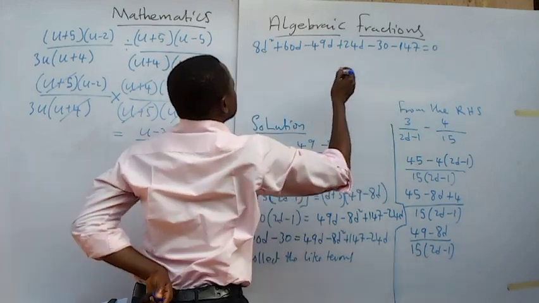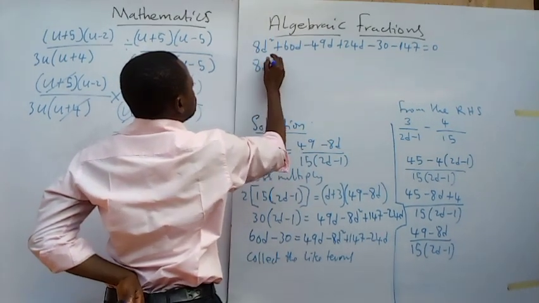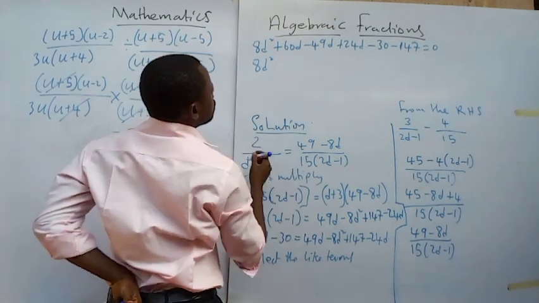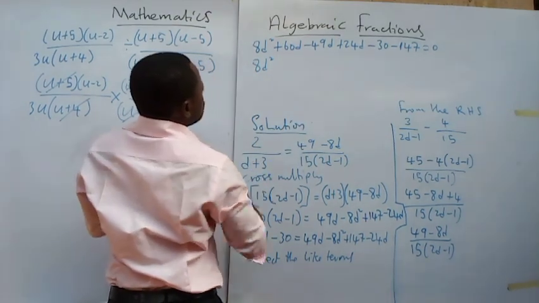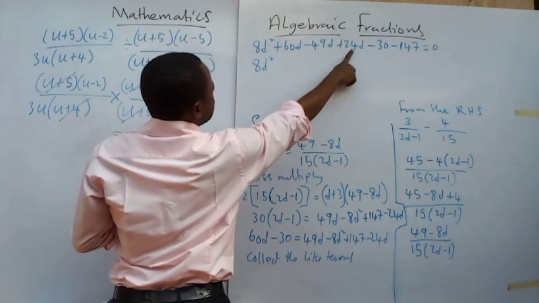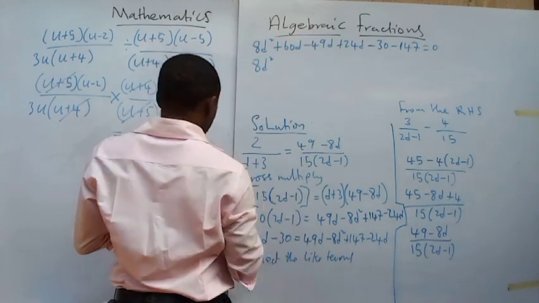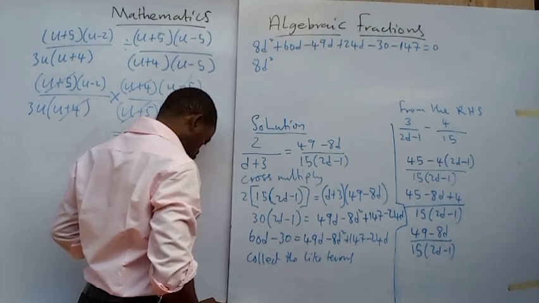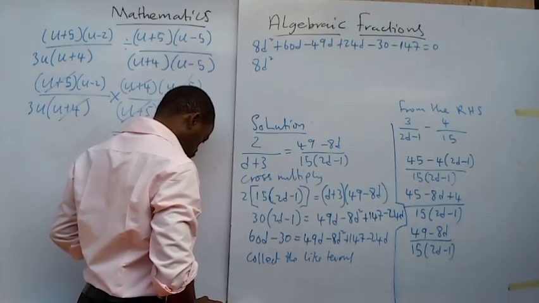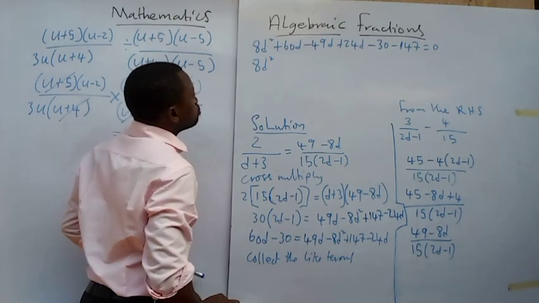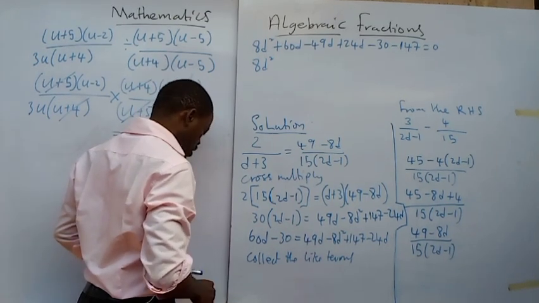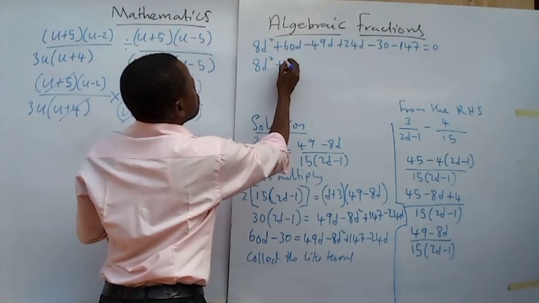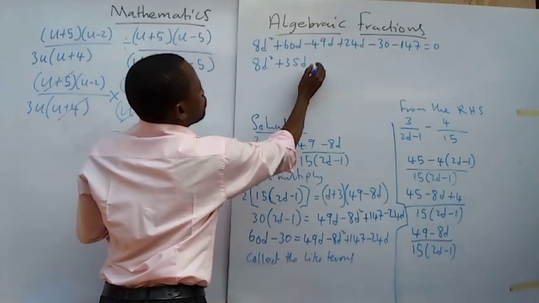So we have 8d squared equals 0. 60 minus 49 plus 24. So 60 plus 24 will give us 84, minus 49, that gave us 35. So this will become plus 35d.